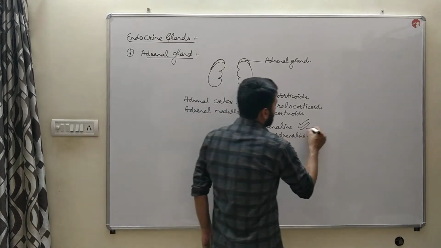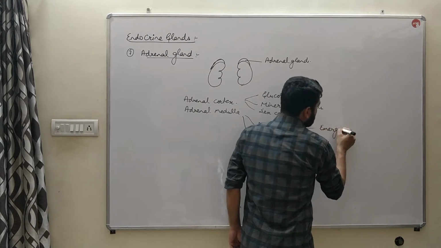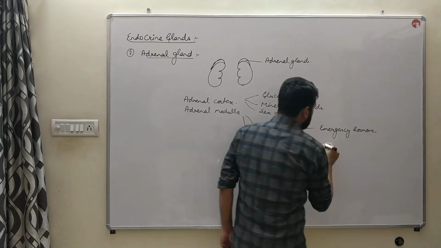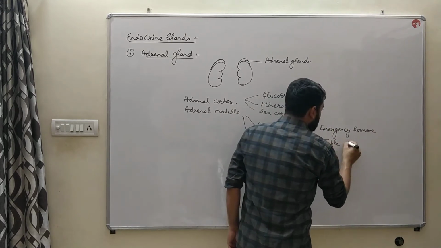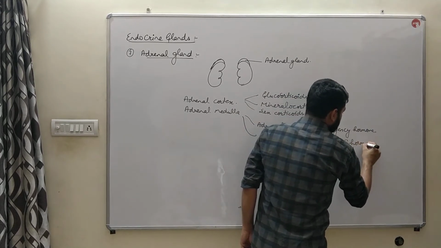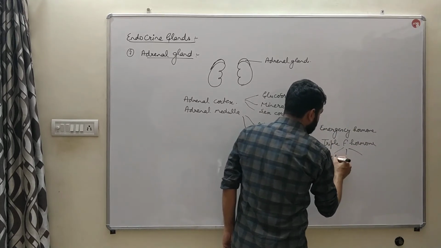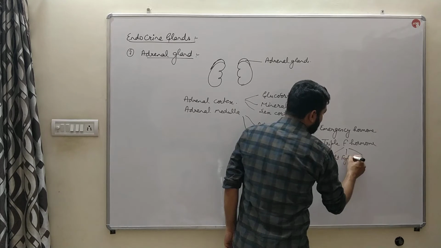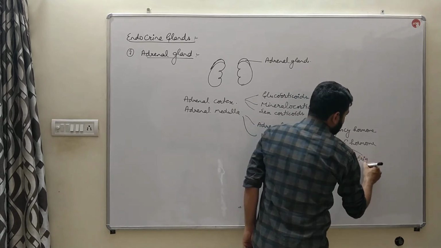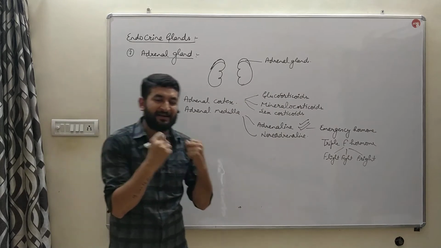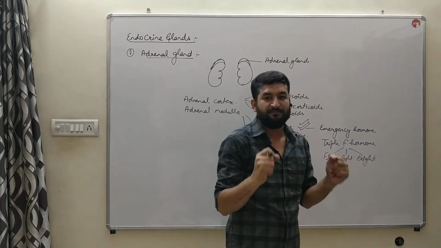This hormone is also known as emergency hormone. This hormone is also known as triple F hormone. Triple F stands for flight, fight and fright. Flight means running away, fight means getting ready for a fight, and fright means being afraid.